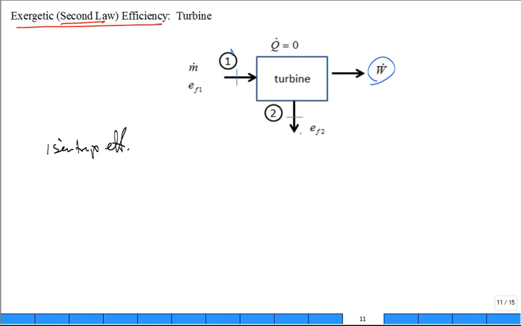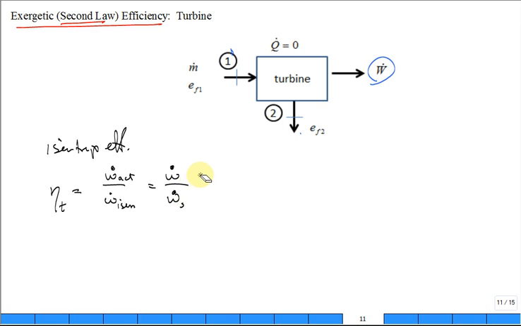The isentropic efficiency of the turbine is the power out divided by the power out, but this will be the actual power out, and this will be the maximum, assuming isentropic expansion through the turbine. Maybe this is W dot over W dot S. Without a subscript that's implying actual, and S means constant entropy.